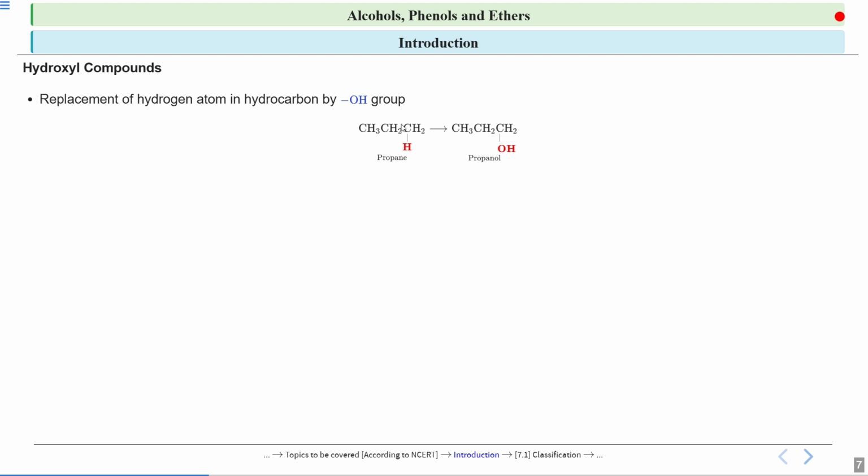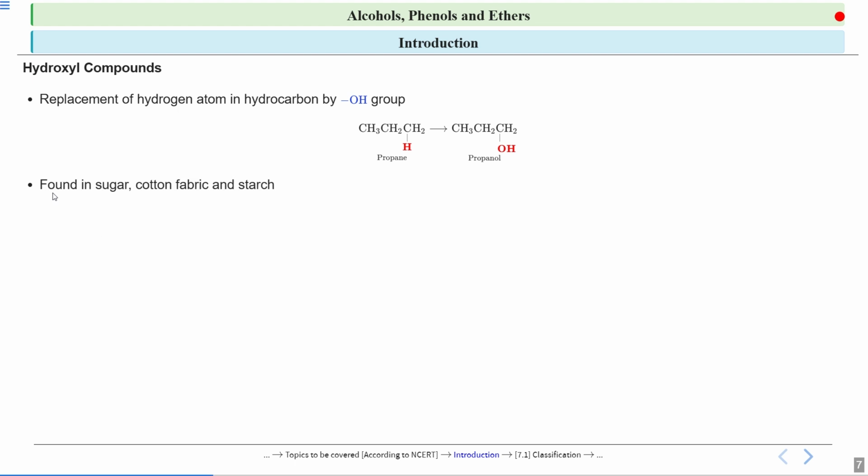If you see the conversion where propane, a 3 carbon chain CH3CH2CH3, has one of its hydrogens replaced by the hydroxyl group, you get propanol. So this is propanol, a 3 carbon compound containing a hydroxyl group.